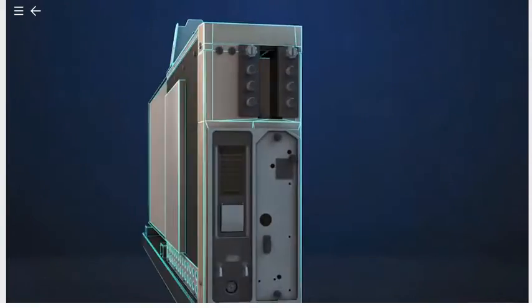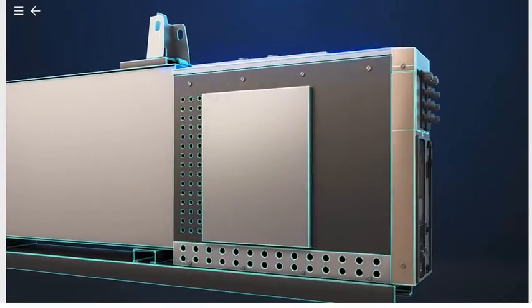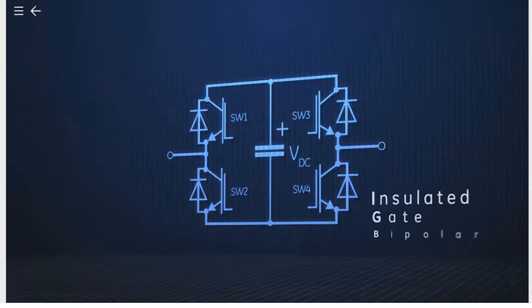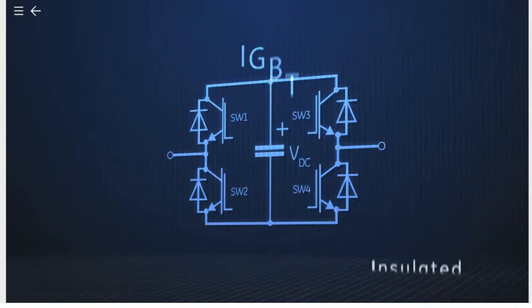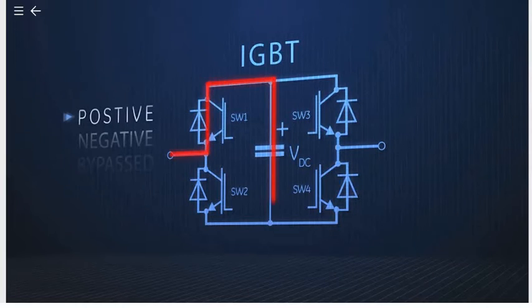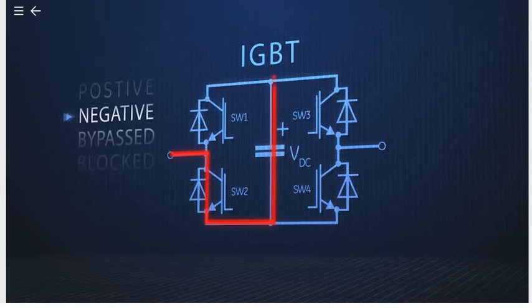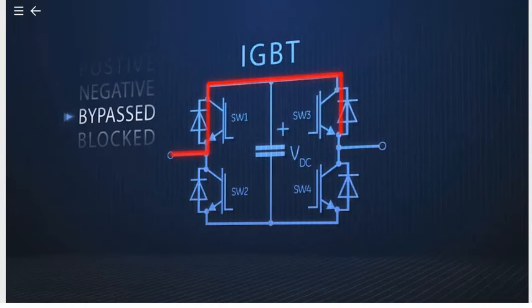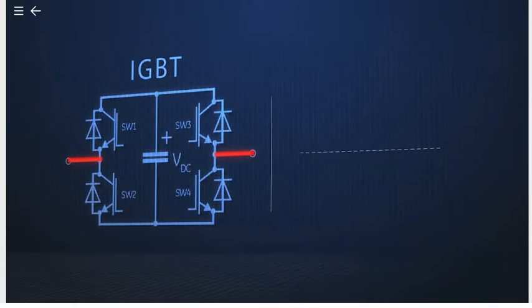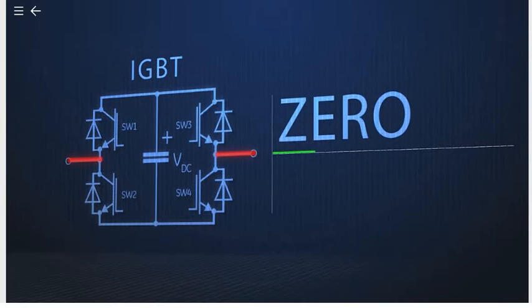The high-speed switch in each submodule is actually a set of 4 power electronic devices called insulated gate bipolar transistors, or IGBTs. These 4 IGBTs are arranged and operated in a configuration that produces a positive, negative, bypassed, or blocked state. Starting in the blocked state, the submodule output voltage is 0.